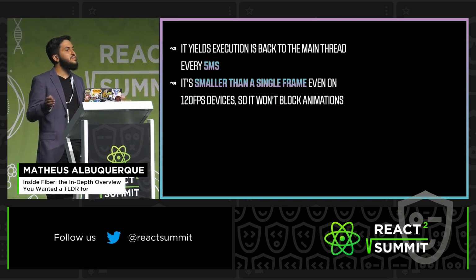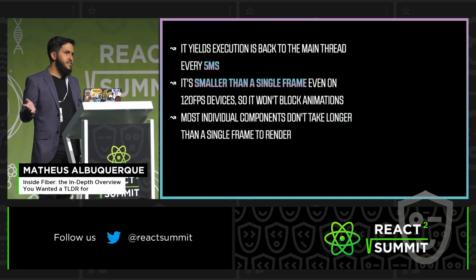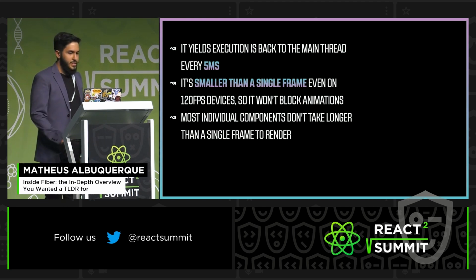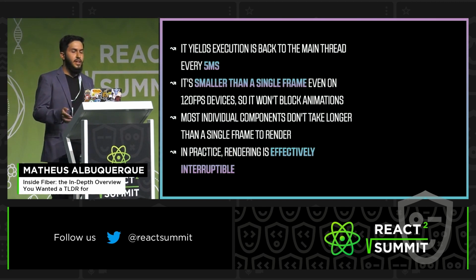So that's why it feels like it doesn't block animations. And to be honest, the second thing is that most of the individual components don't take longer than that. It's not like we, on a daily basis, iterate up to 1 million in our components or anything like this. So in practice, yes, rendering is effectively interruptible.